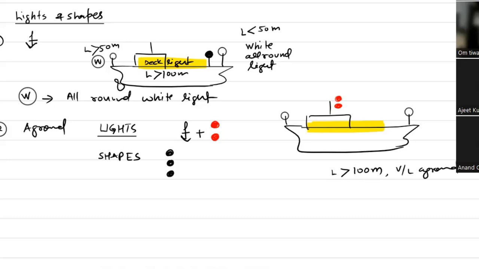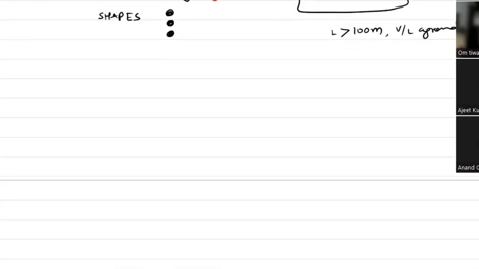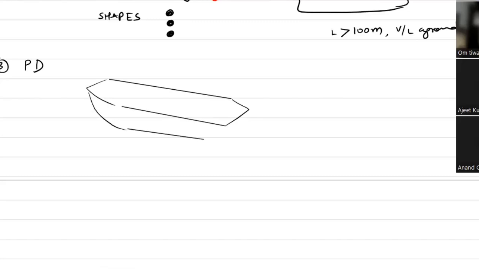Now we shall start with another set of lights, that is power-driven vessel. If we have a little 3-dimensional view of this power-driven vessel, it will be much simpler for us to understand. Just for the sake of simplicity, this is the mast.